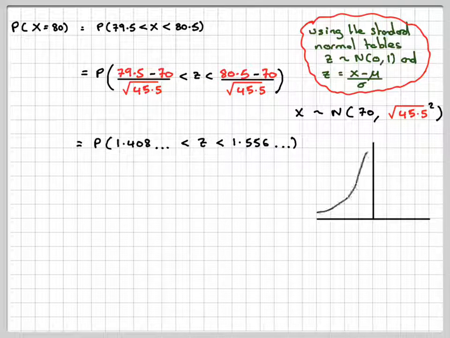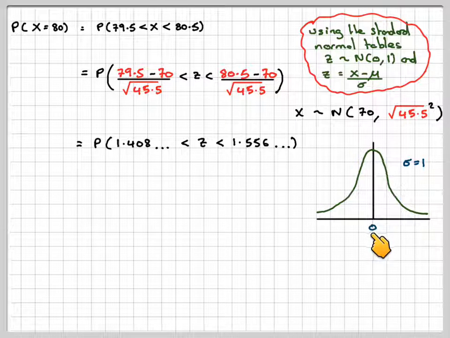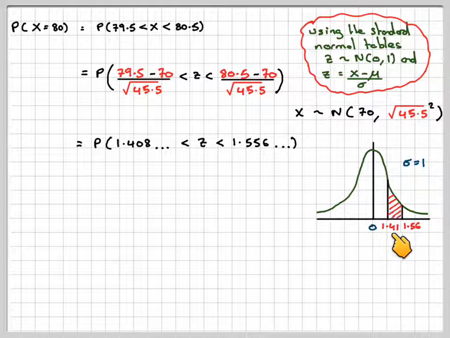Now I like to use a diagram. It doesn't take very long to sketch a diagram. So mean 0, standard deviation 1. There's 1.41, there's 1.56, we want that area there. So we need to do phi of that particular value from the table minus phi of that particular value from the table.